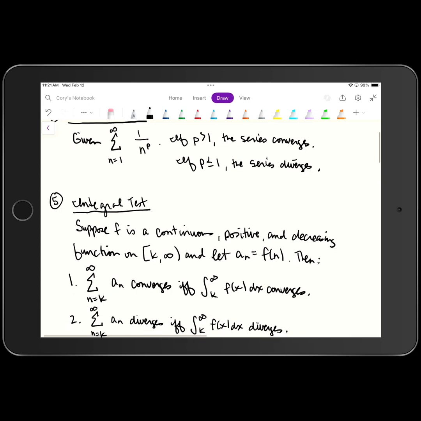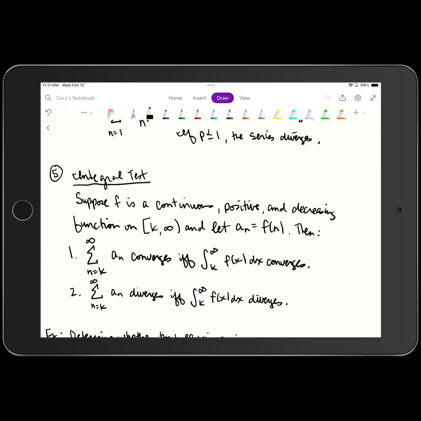Okay, and then test number 5, the integral test, says to suppose that the function f is a continuous, positive, and decreasing function on the half closed interval from k to infinity, and we're going to let a sub n be equal to f of n.